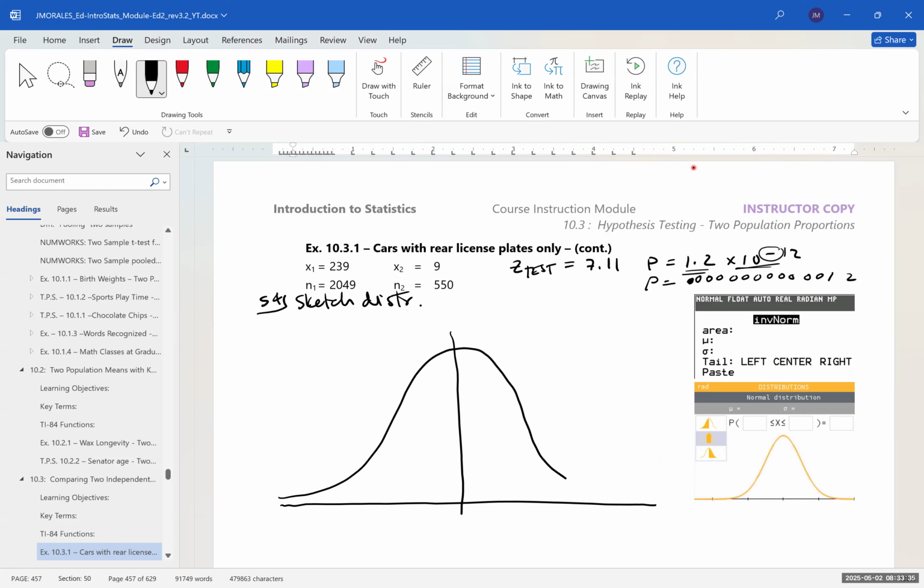So we got a normal distribution, where the center has a z-score of 0. And this is two-tailed, because that's what the alternate hypothesis told us. So that means we're going to have a positive z critical value and a negative z critical value.